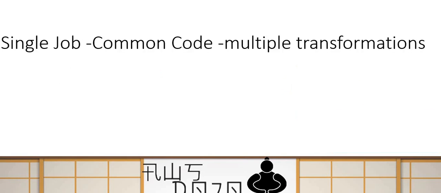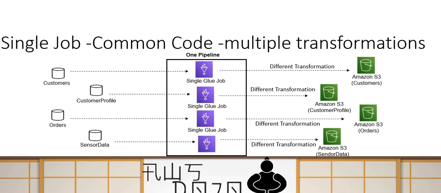So again, we are talking about a pipeline where we use a single job with a common code, but that job is handling multiple transformations. Just to make it visually clear, suppose we have 4 tables: customers, customer profile, orders, and sensor data. And then I'm creating one ETL pipeline. This pipeline is using a single job with a common code, the same code, no change in code.